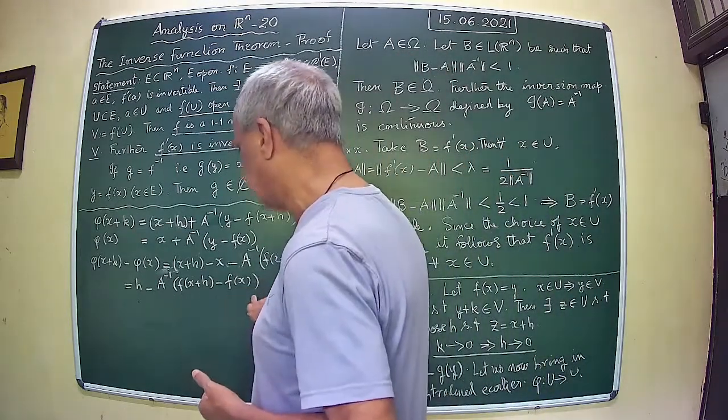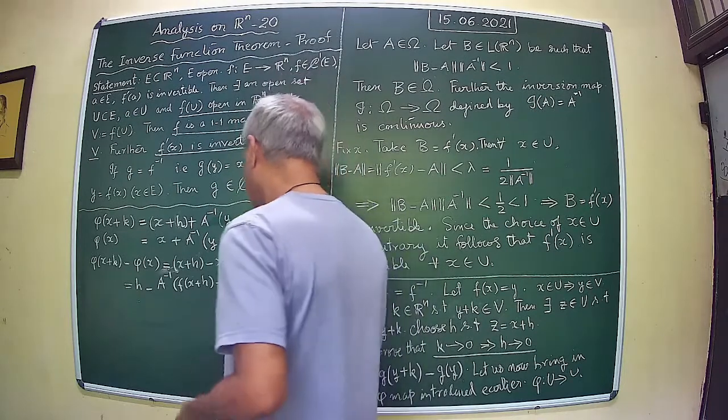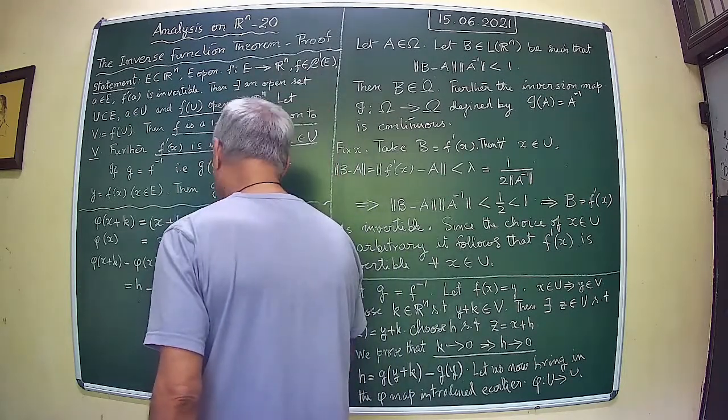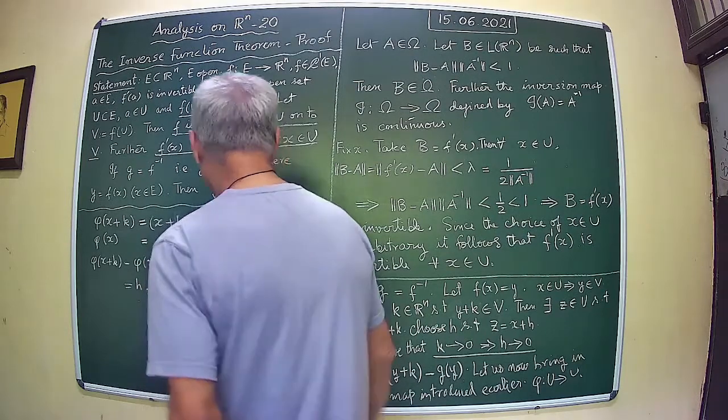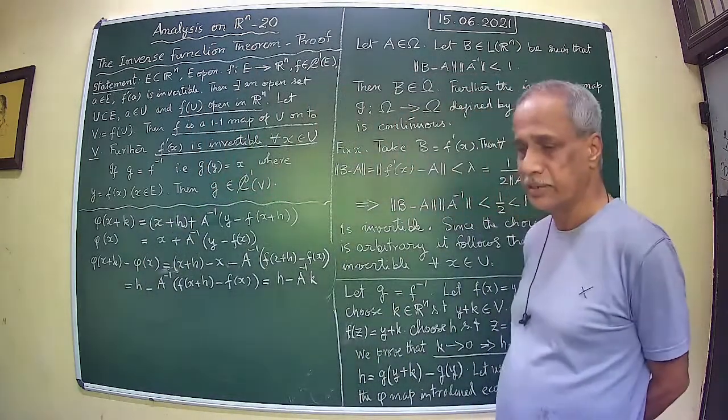This is essentially k, which is equal to minus. So this is the first estimate that we make.